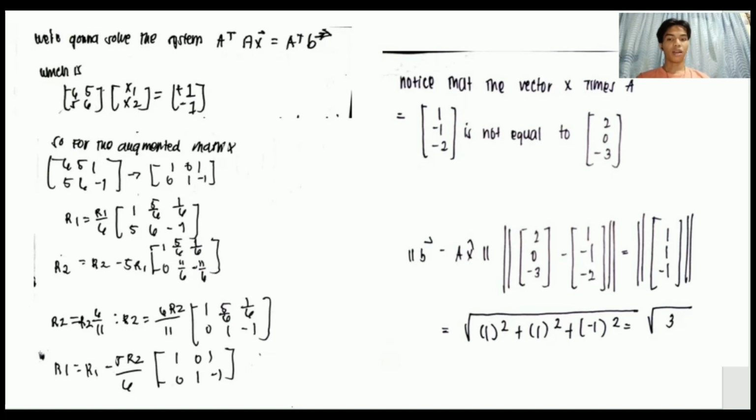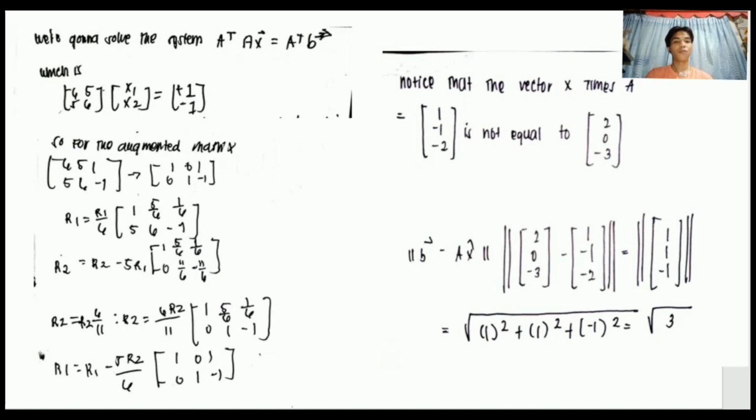So R1 equals R1 over 6, so 6 divided by 6 equals 1. As well as for our R1, we also need to divide the 5 and 1 by 6. So 5 divided by 6 equals 5 over 6, and 1 divided by 6 equals 1 over 6.